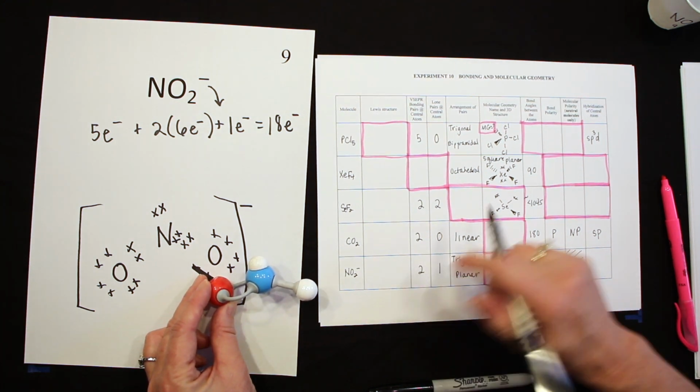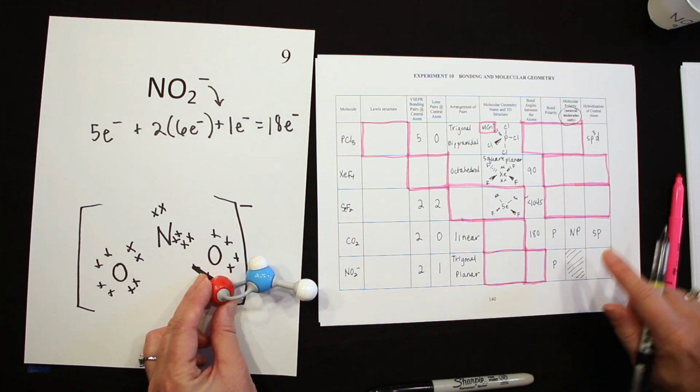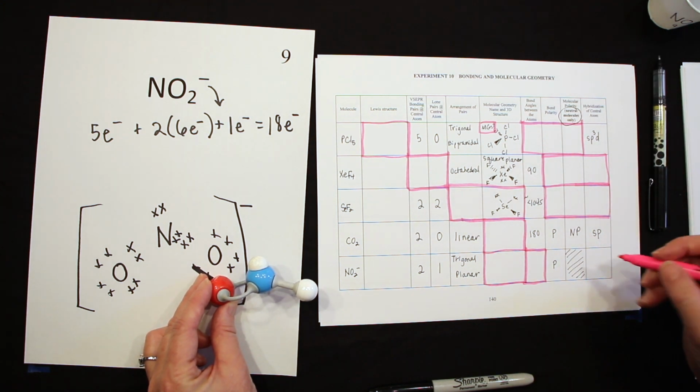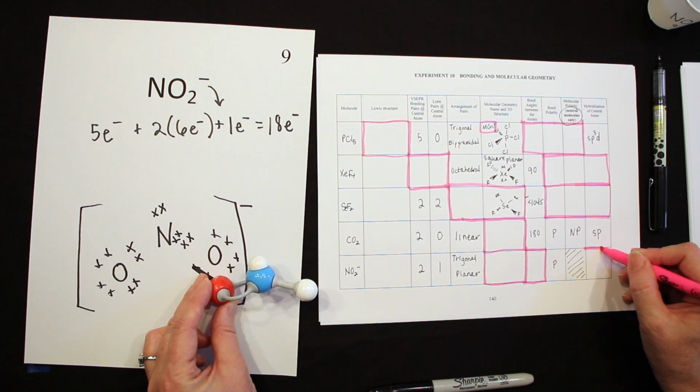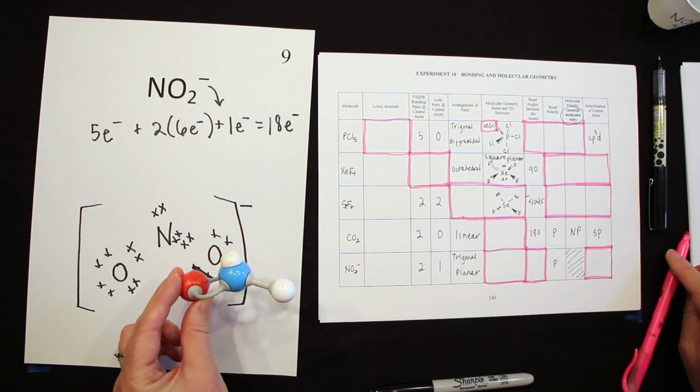So I shade the box just for this one. And I'll let you determine the hybridization of that nitrogen atom in this structure.